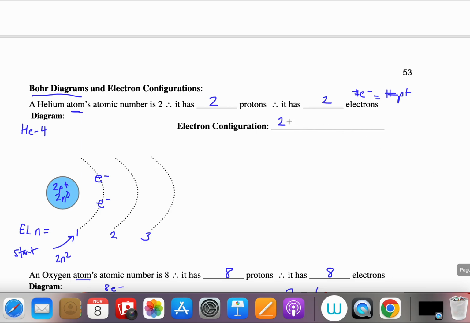It would be awful to write 2-0-0-0. We only have electrons in energy level 1, and all of the other energy levels, 2 through 7, are empty. So instead of writing all of that out, we only include the energy levels that are occupied. Helium's electron configuration would simply be a 2.